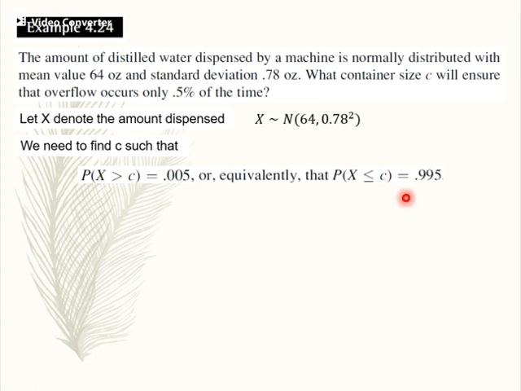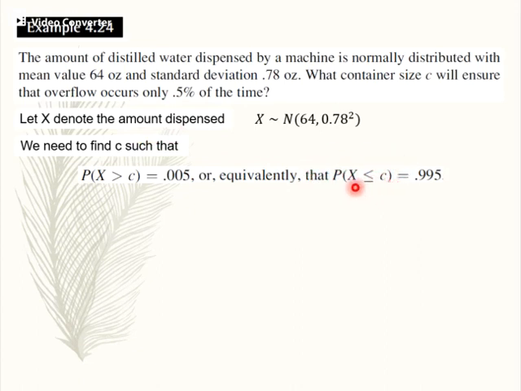Remember, X greater than C is when you have overflow: X is the amount dispensed, greater than the size of the container. Here, you could have sketched this. Draw yourself a normal curve and shade in the area at the right. You'll have 0.005, so the area at the left should be 0.995. Looking at probability statements is like looking at a sentence.